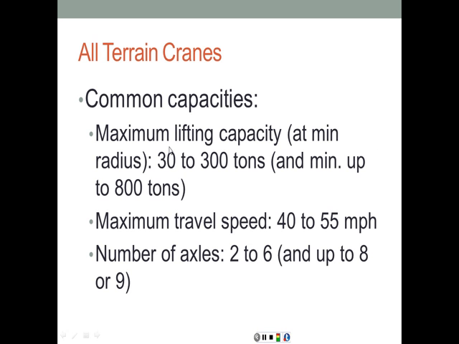Common capacities, the maximum lift capacity is 30 to 300 tons, relatively high. Maximum travel speed 40 to 55 miles per hour, acceptable, very good speed. Number of axles 2 to 6 and up to 8 or 9 even for very heavy cranes.